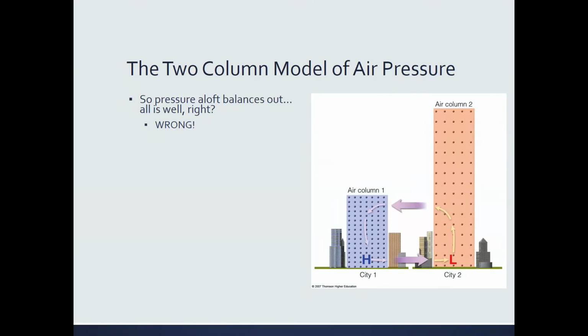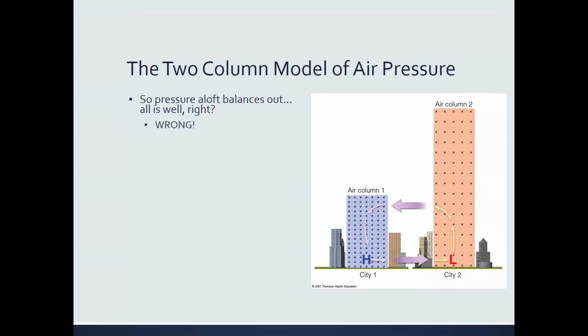Now, let's suppose wind has traveled from this point in the warm column over to this point in the cold column. And let's assume that enough air has traveled to where the two have equal air pressures at that height.